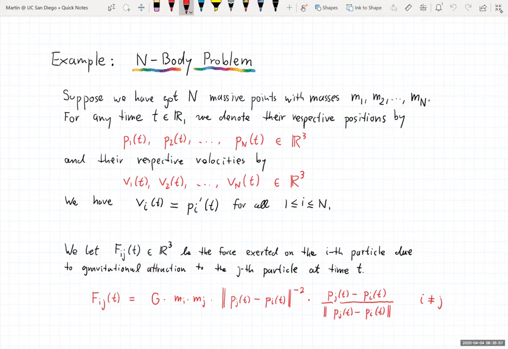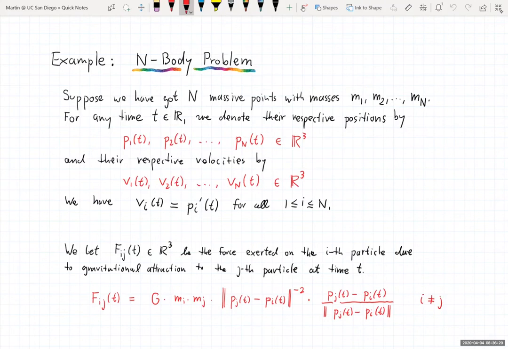And then again, each particle also has a velocity, which at time t is a 3-dimensional vector, and the respective velocities are denoted by v1 of t, v2 of t, up to vn of t. And let's also recall that the velocity of a particle at any time t is the derivative of the position of the ith particle at every time t.